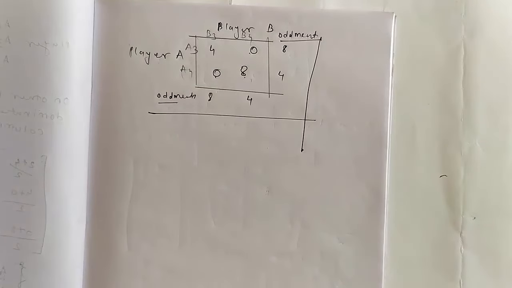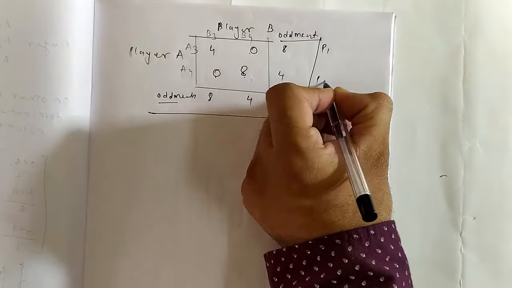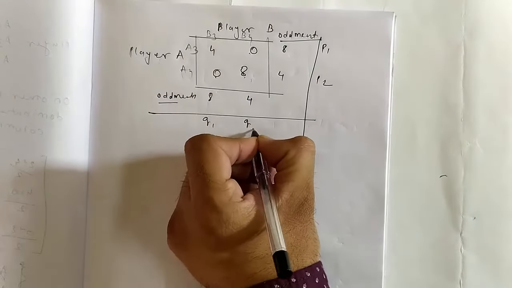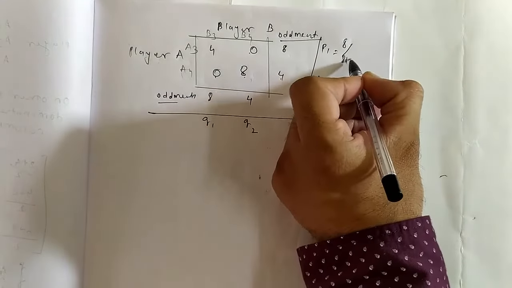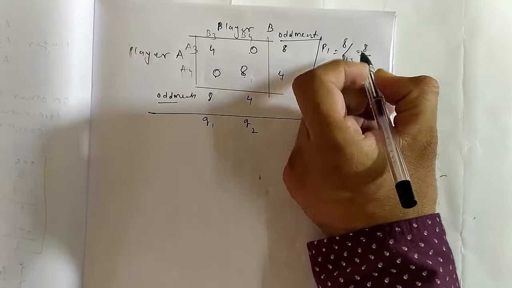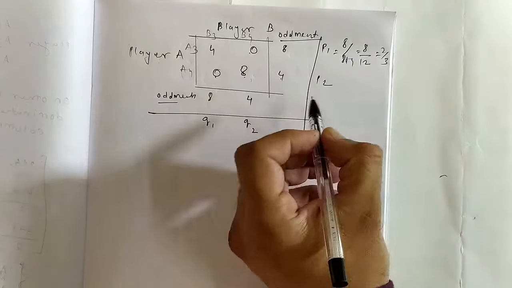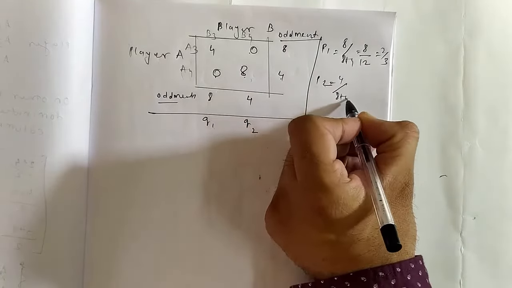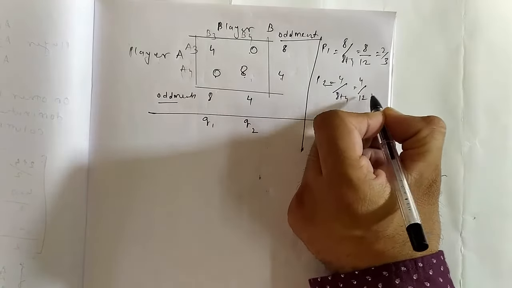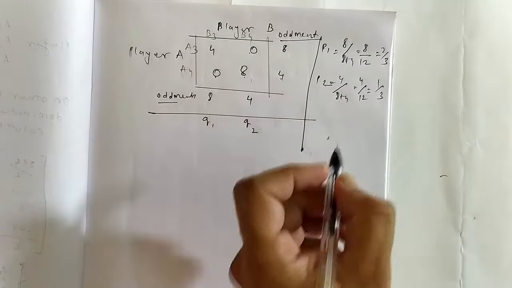After the row oddments and column oddments, calculate P1, P2 and Q1 and Q2. P1 is equal to 8 by 8 plus 4, which is 8 by 12, equal to 2 by 3. P2 is equal to 4 by 8 plus 4, which is 4 by 12, equal to 1 by 3.